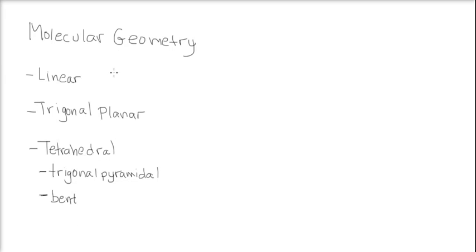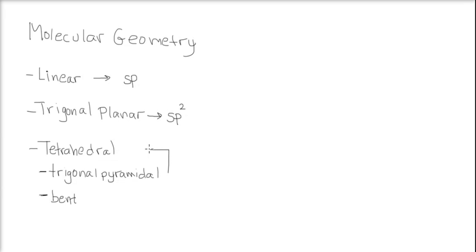And from hybridization, you can deduce the shape of a particular molecule or part of a molecule. As we saw from the previous video, if an atom is sp hybridized, the geometry around that atom must be linear. If something is sp2 hybridized, then the geometry must be trigonal planar.